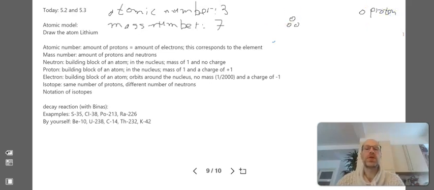And then we also know we have 3 electrons orbiting around the nucleus. So 3 electrons. And then we need to draw the neutrons. How many neutrons do we have? Well, it's 7 minus 3, and that is equal to 4, so we need to draw 4 neutrons. Okay. That's it.